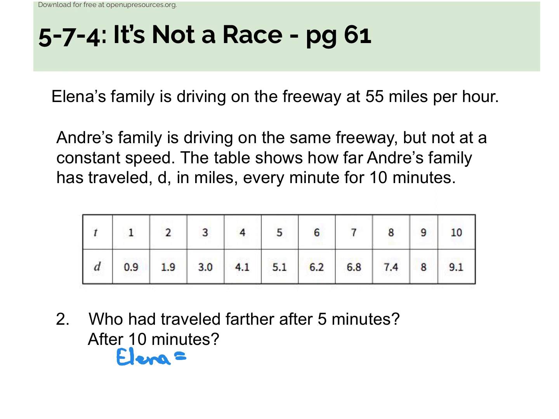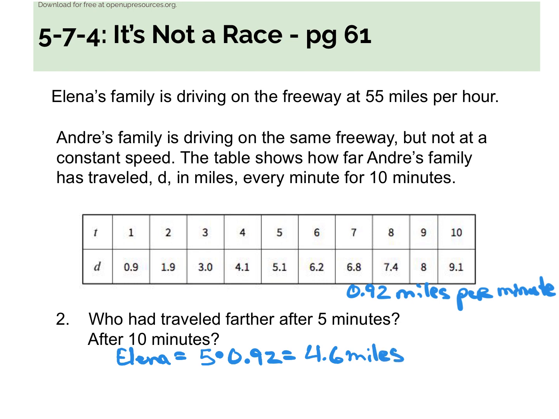And then we have that 0.92 miles per minute. Okay, we're going to use that one. So we're going to take our 5 minutes, multiply it by 0.92, grab a calculator. And so 5 times 0.92, we get 4.6. So Elena traveled 4.6 miles after 5 minutes.